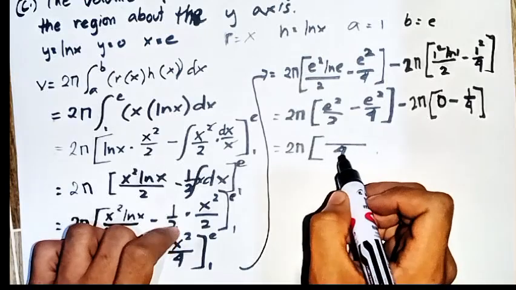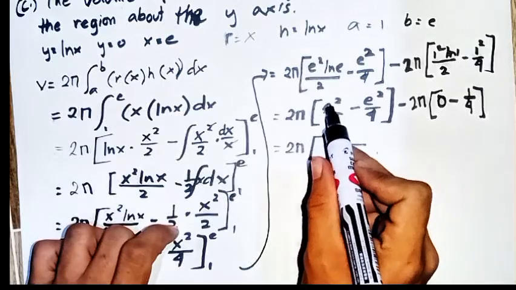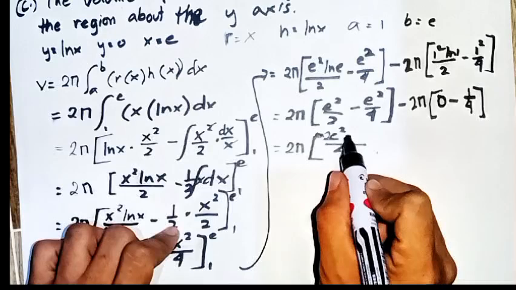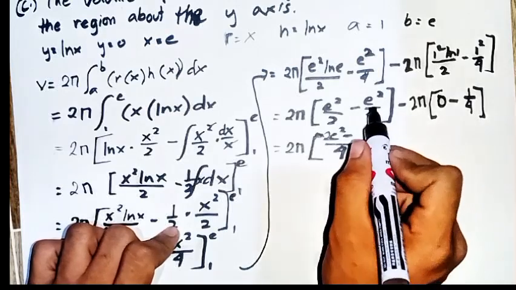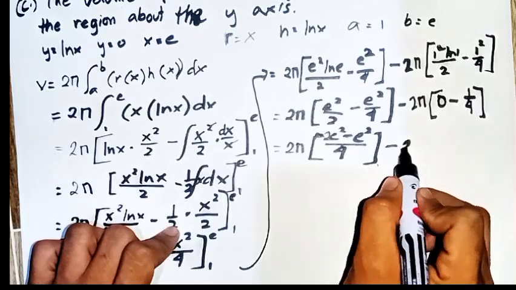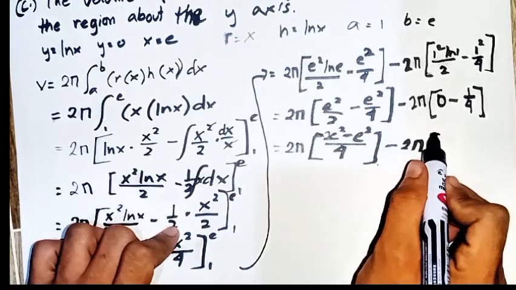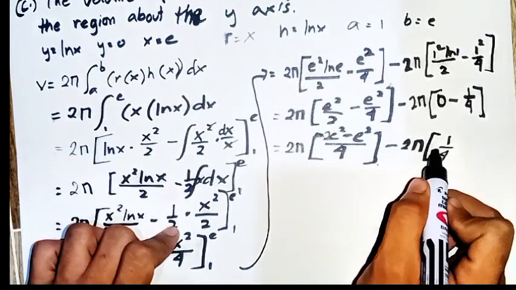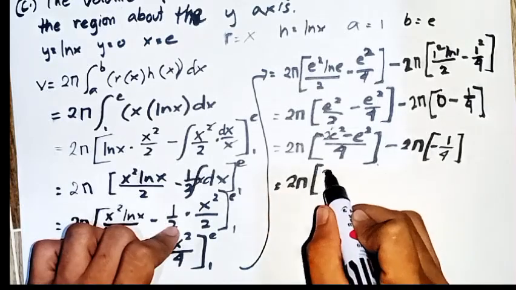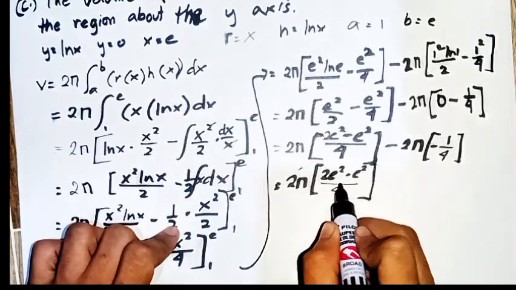So 4 divided by 2 is 2, times e squared, we have 2e squared, and for that minus 4 divided by 4, which is 1 times e squared, which is e squared, minus 2 pi, since 0 minus 1 over 4 is negative 1 over 4. Now copy again the 2 pi, 2e squared minus e squared, over 4.